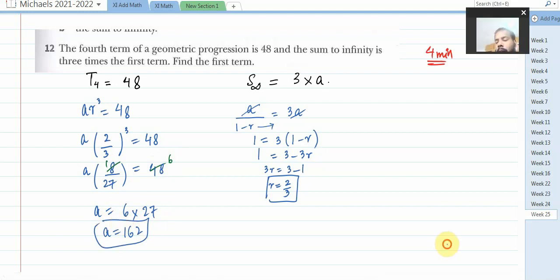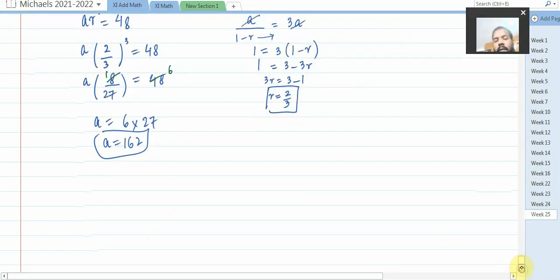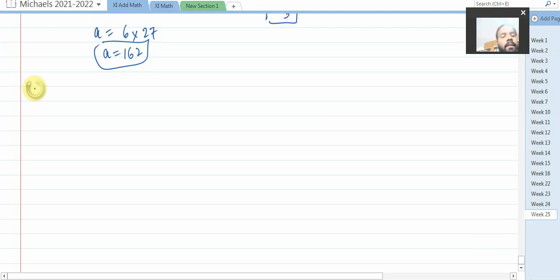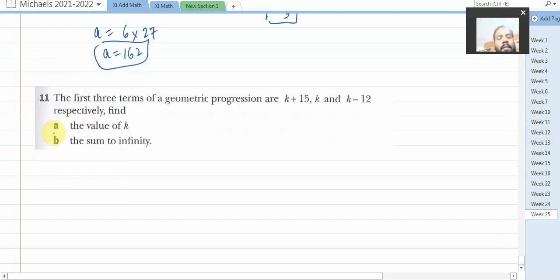Alright, so one more question. It's question number 11. It says the first 3 terms of a geometric progression are k plus 15, k and k minus 12. Find the value of k. Now if you are dealing with geometric progression, the thing we must know is the ratio is the same.